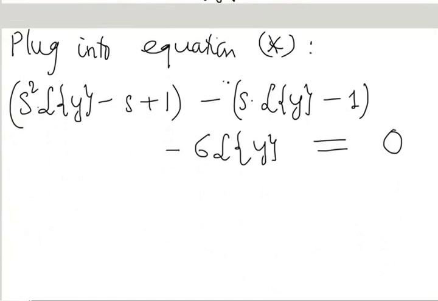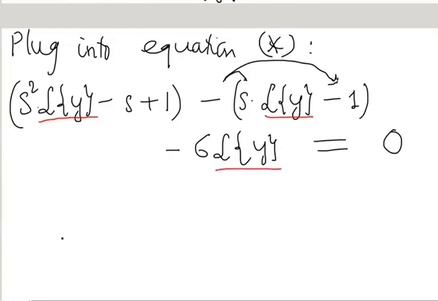Now we will distribute, and you see that at the beginning in the differential equation we have second derivative and first derivative, but for Laplace transform, after using the formula above, we only have Laplace transform of y, Laplace transform of y, and Laplace transform of y only.